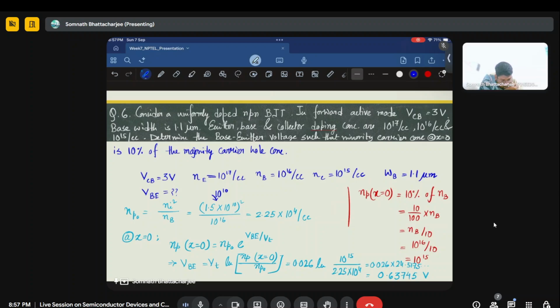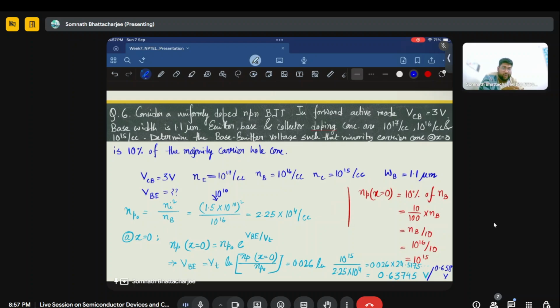So ln of that value should have been 25 point something multiplied by 0.026. So if you are doing this using the value 10 to the power 10, it would have come out as 0.6585 something volts. So both of the answers are correct, as there is no given value of this.